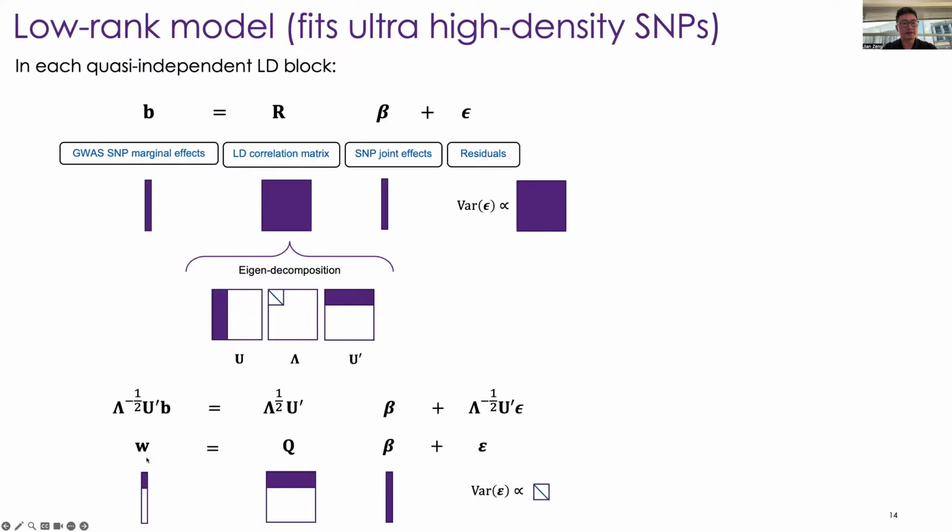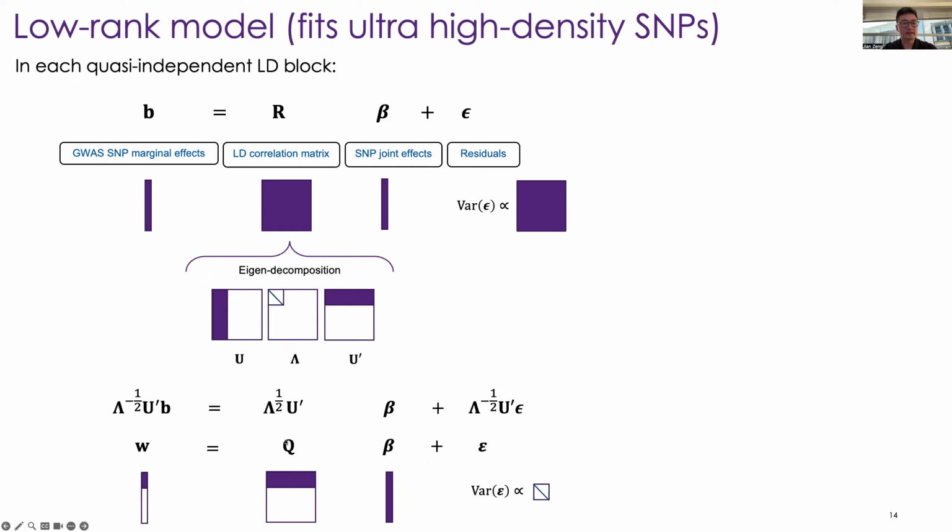In this set of equations, the response variable has fewer elements than the original GWAS marginal effects. In fact, these new data points are collapsed from the GWAS marginal effects such that they are independent of each other. So the residuals are independent.